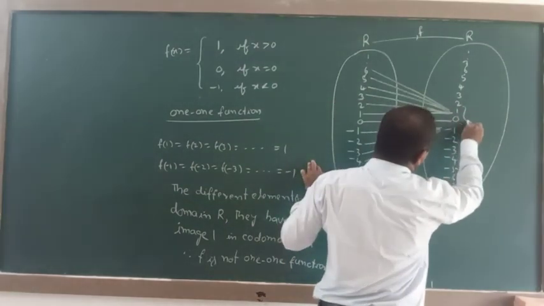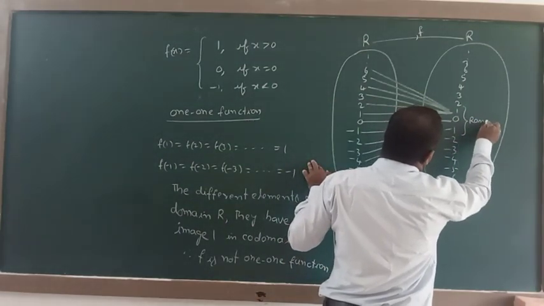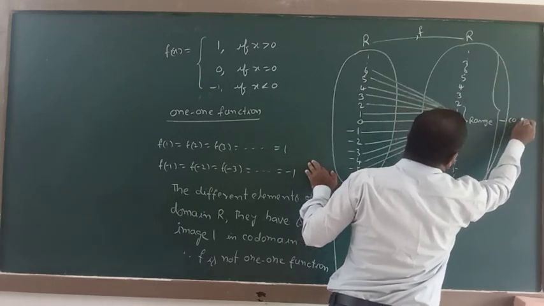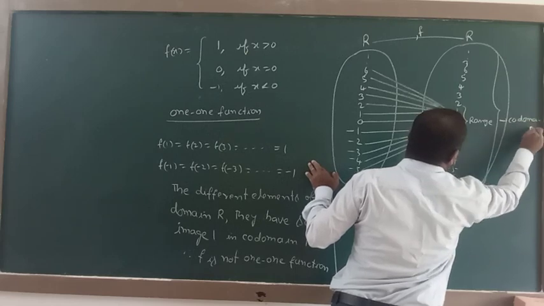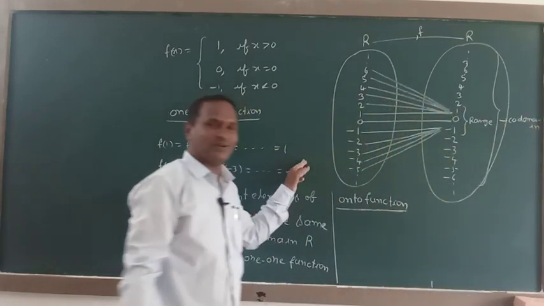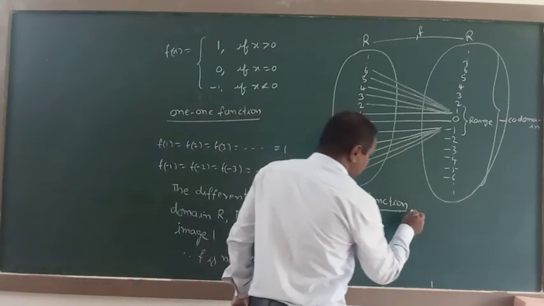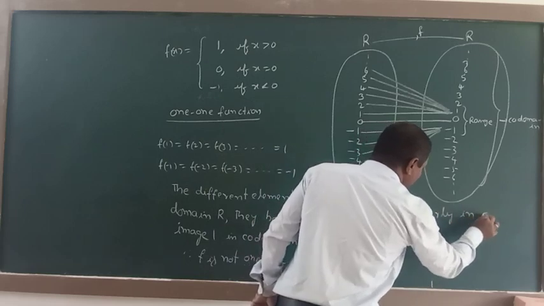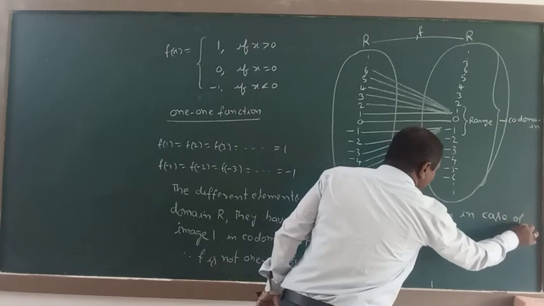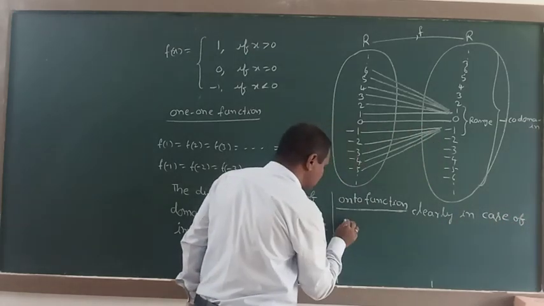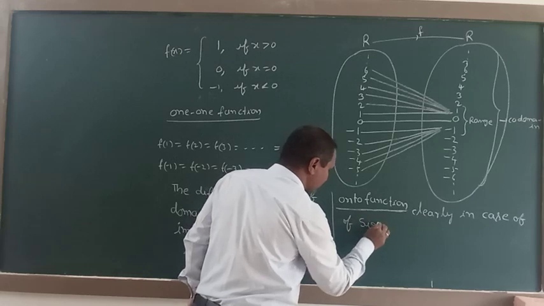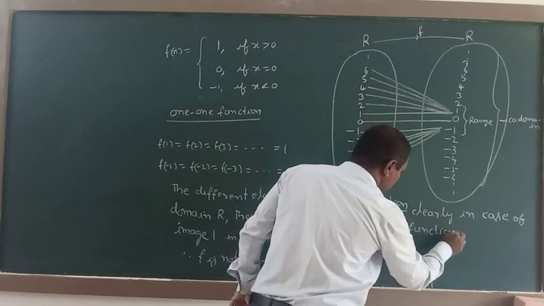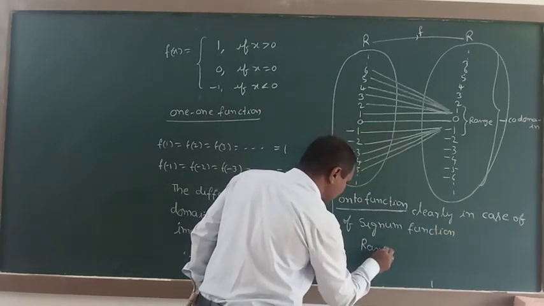Only this is the range; in total, this is the codomain. But range is not equal to codomain. Therefore, clearly, in case of signum function, range is not equal to codomain.